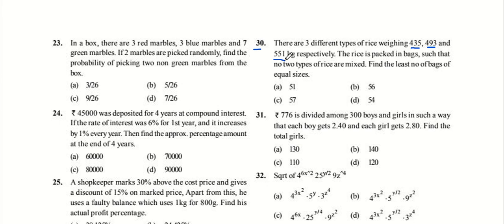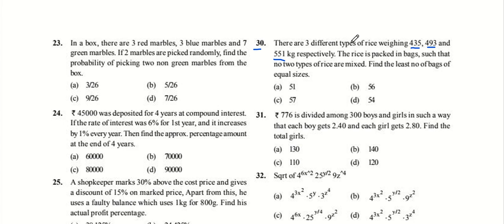So this is, I think, a usual question you will get. For this type of question, what you have to do exactly? You have to find out what number of bags are required, but here it is given that the bags are of equal size.